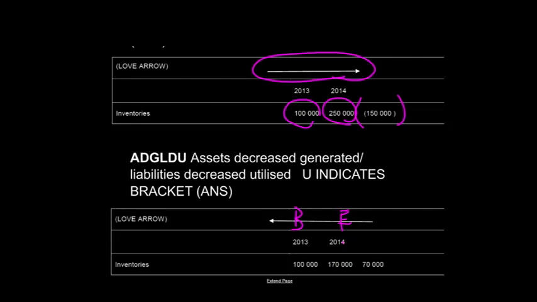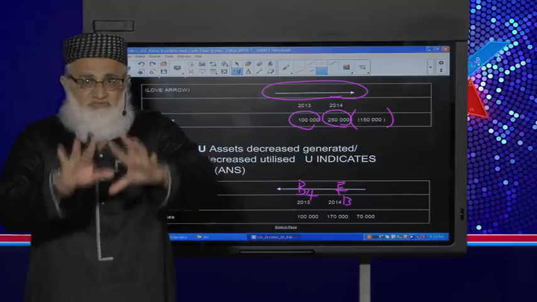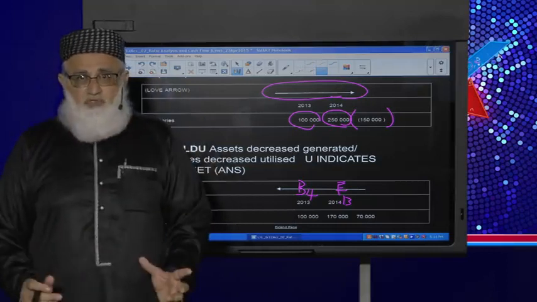If we change that to 214 and that to 2013, what we wanted to show you was that if your inventories were 170 and they decreased to 100, it means when an asset decreases, we generated a positive 70,000 Rand. Guys, we've done an overview of the cash flow statement.